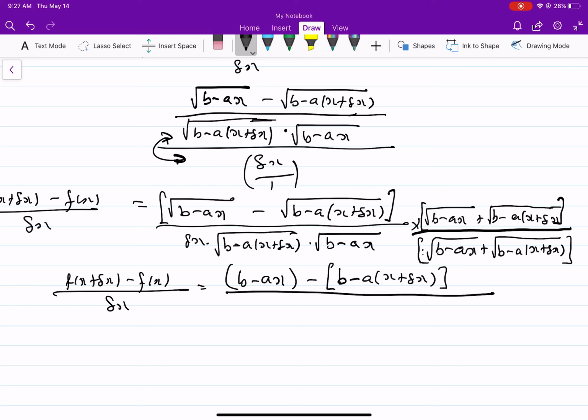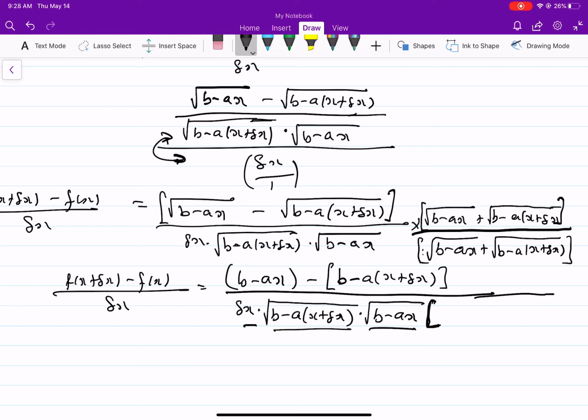All divided by lots of stuff: delta x times the root of b minus a into x plus delta x times the root of b minus ax times, I'm going to open up a bracket here because inside I got a plus sign, so everything out here is times the root of b minus ax plus the root of b minus a into x plus delta x.